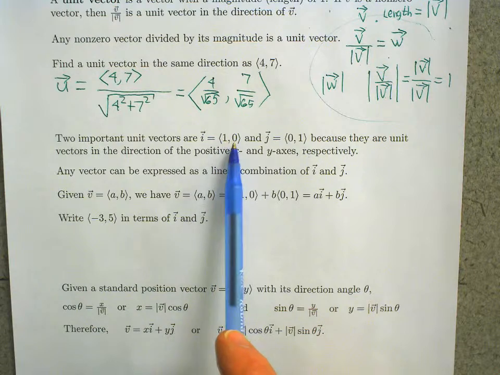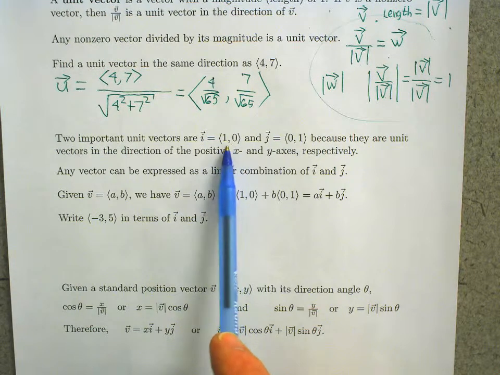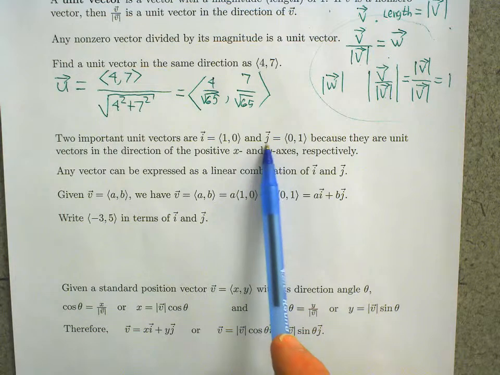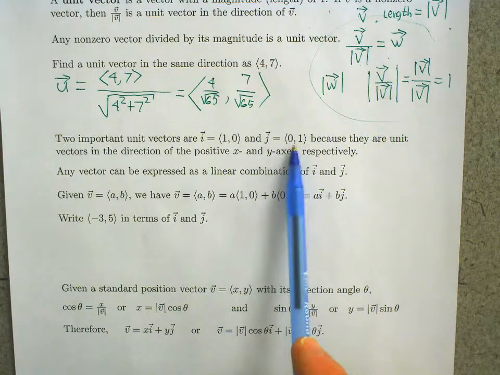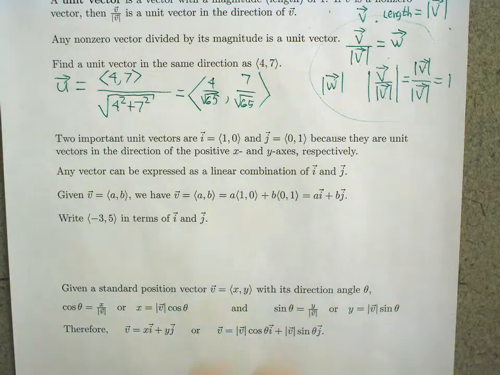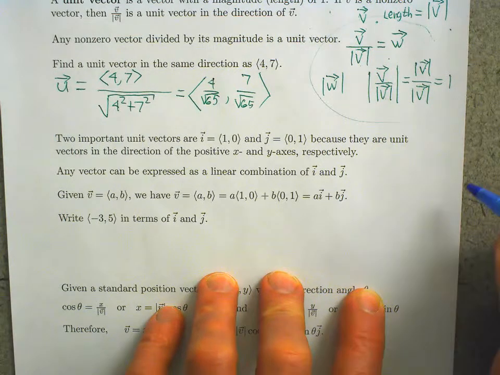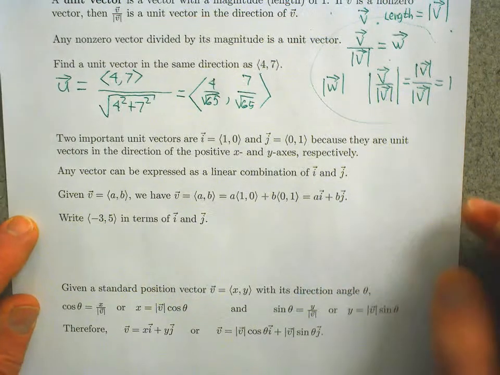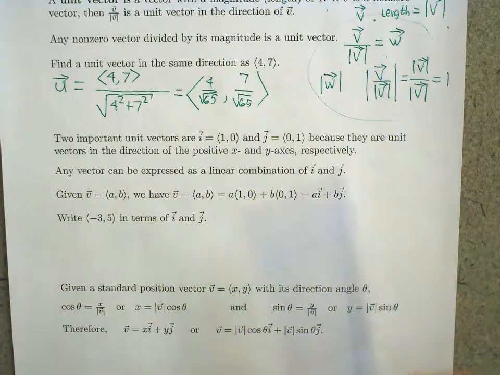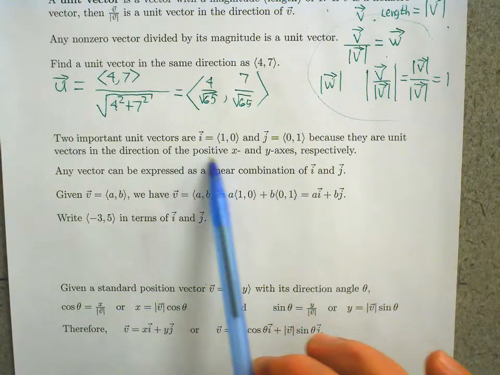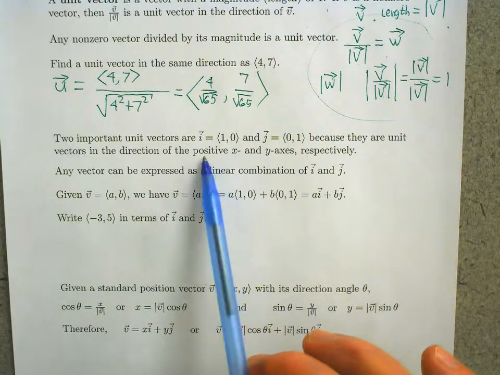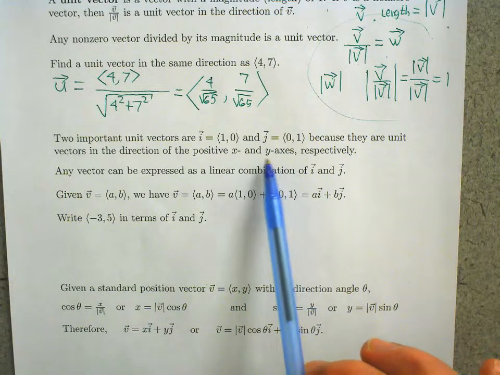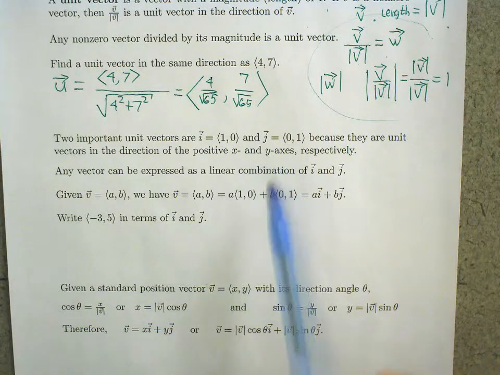So 1, 0 is on the positive x-axis, and then the other one is the vector j, which is on the positive y-axis. They are both unit vectors, and as I mentioned, vector i is in the direction of the positive x-axis, and vector j is in the direction of the positive y-axis.